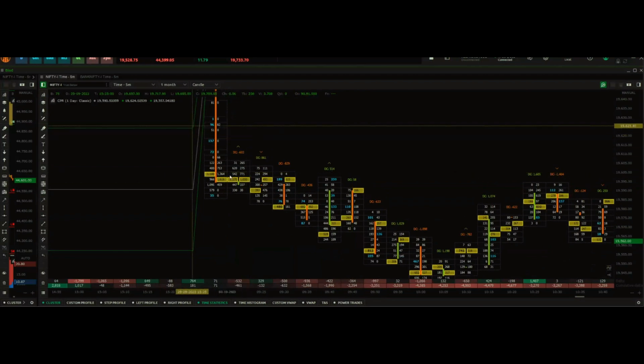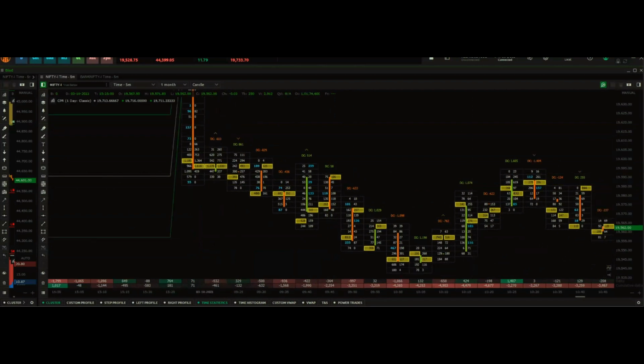And if you look at the structure, we are still inside the previous day's CPR itself. As per applied CPR, it is indicating a trending market for today. Do you think today's market is trending?